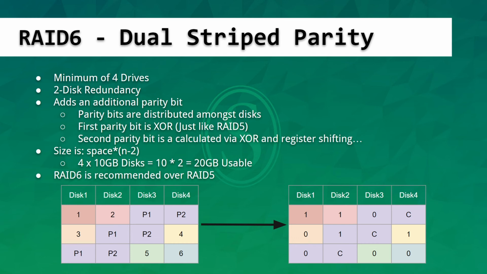It's math, right? 0 plus 0 is 0, 0 plus 1 is 1, 1 plus 0 is 1, and 1 plus 1 is 0. The second parity bit is a little more complicated, and I recommend, if some of you are math majors or double majors, you might want to go to the wiki page and pull that up, because it's calculated via register shifting, XOR operations.